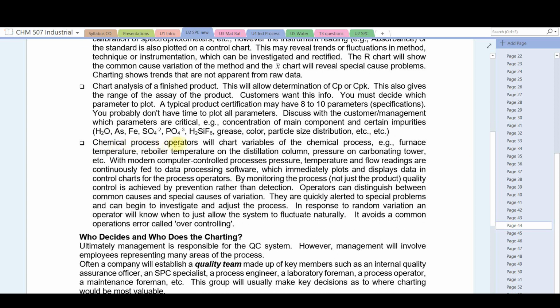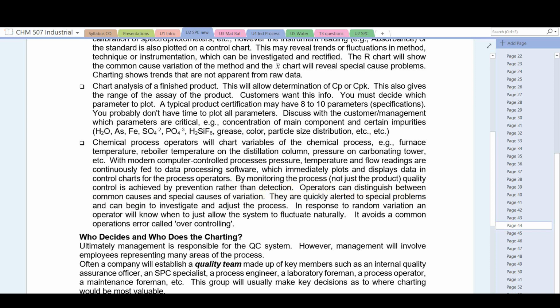For chemical process operators, there are many important parameters like temperature and flow and pressure, and most reactors and vessels have gauges that continuously output electrical signals that come into the central computer that's used to control the process, and these are automatically charted. By monitoring the process, not just the product quality, control is achieved by prevention rather than detection.